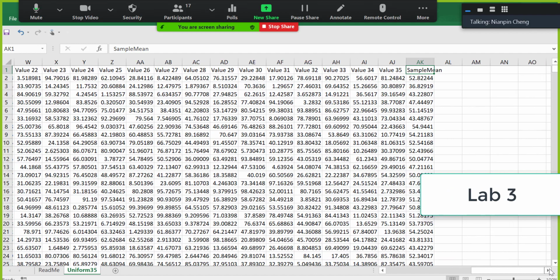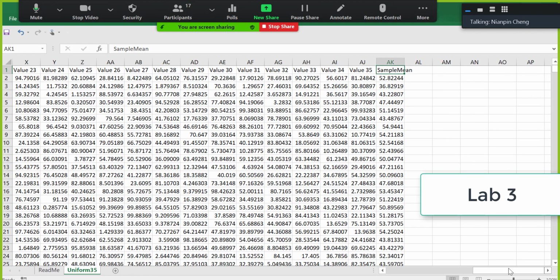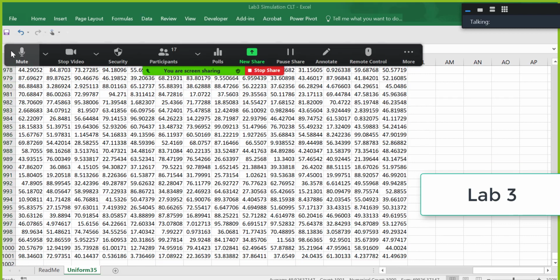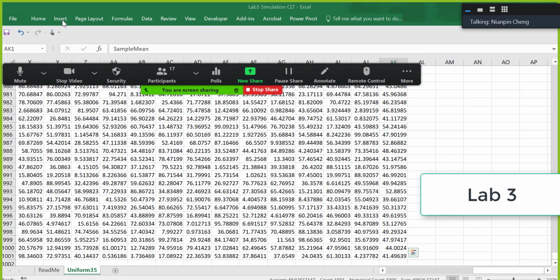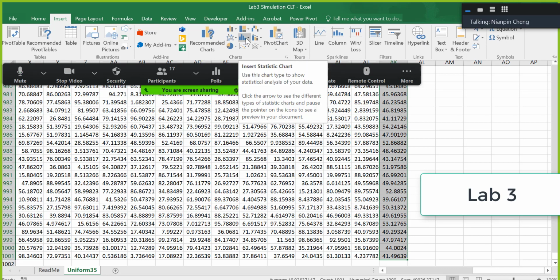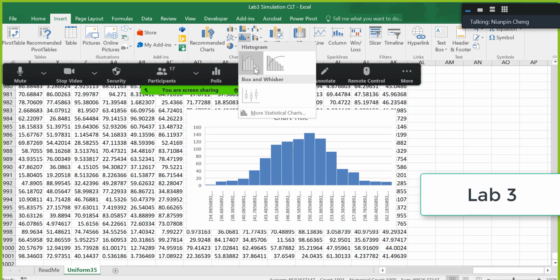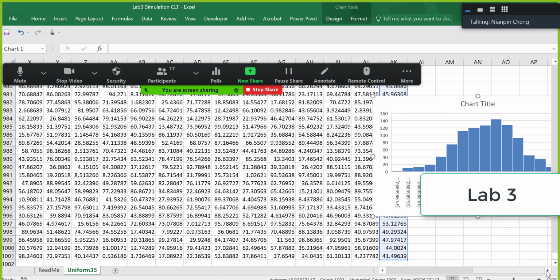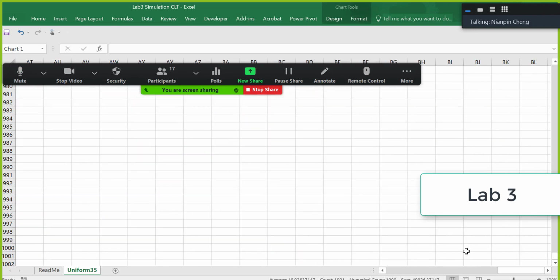That's the sample statistic. We'd like to know the distribution of this one. So what we can do, we certainly can create a histogram. Excel also has a histogram here. See, this is the histogram.